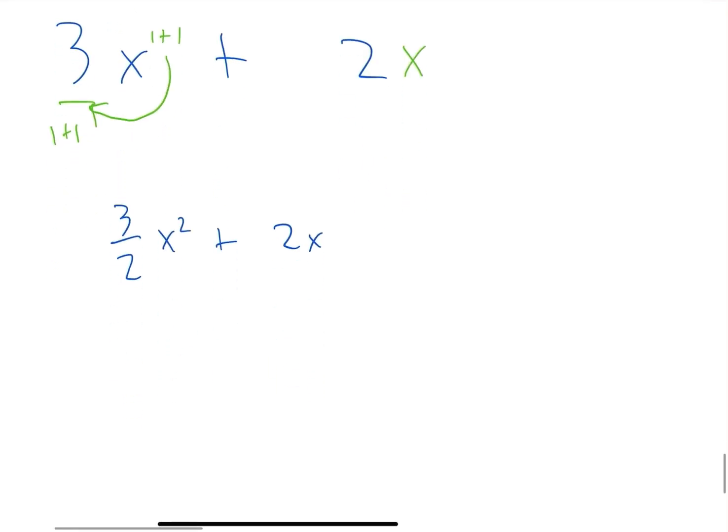We can confirm this because say we took the derivative of this function, 3 over 2 times x squared plus 2x.